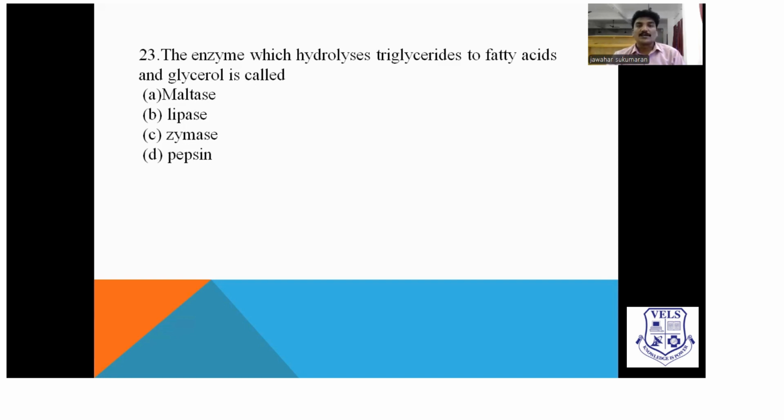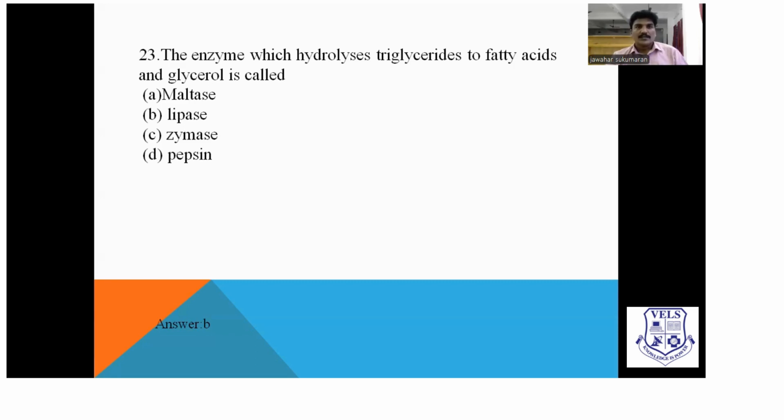The enzyme which hydrolyzes triglycerides to fatty acids and glycerol is called A. Maltase, B. Lipase, C. Zymase, D. Pepsin. B. Lipase. Zymase is the correct answer, I think. I will check next class. I will take the same question. Okay.